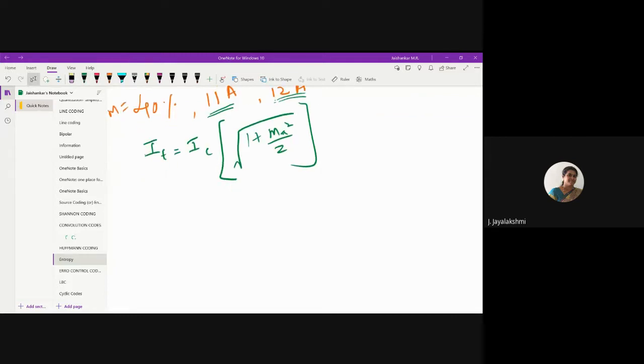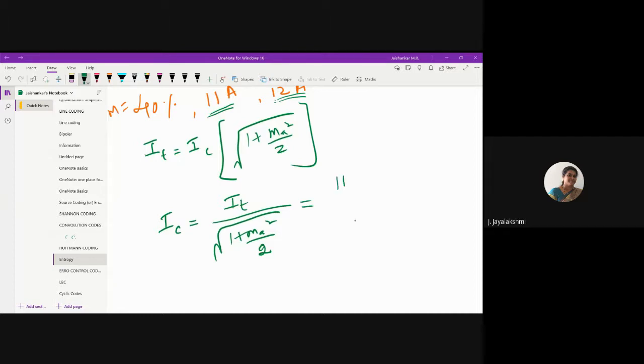So what is going to be the carrier current? The carrier current is total current divided by root of 1 plus MA square by 2. MA is given as 40%, so MA will be 0.4.